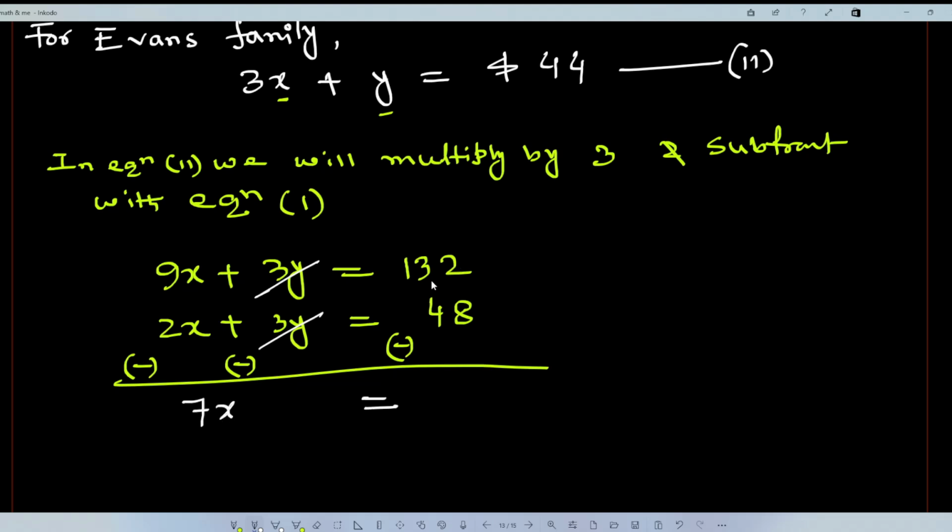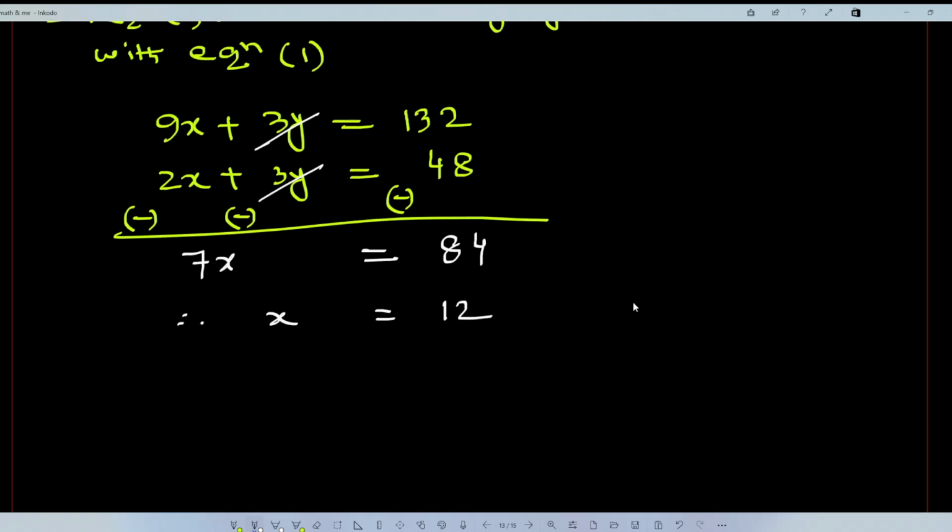Here 132 minus 48 is 84. So x equals, if we divide both sides by 7, 12, because 12 times 7 means 84.